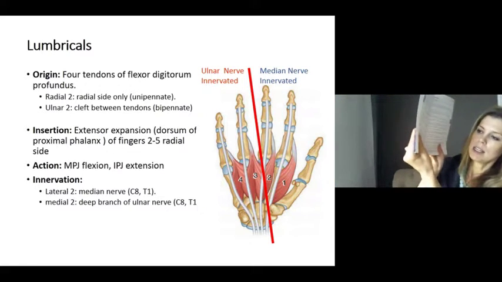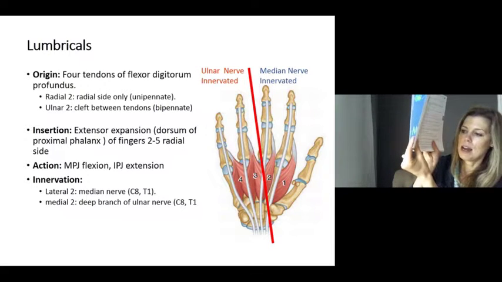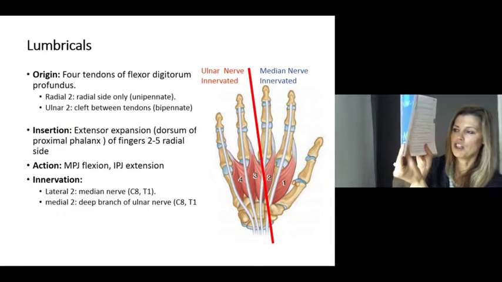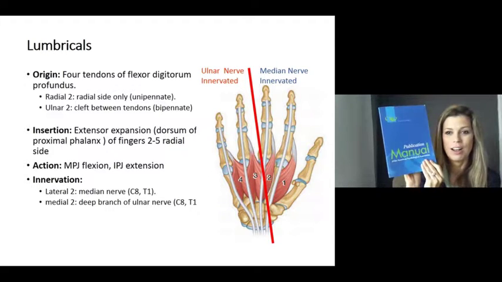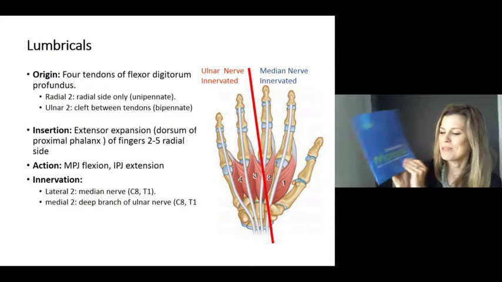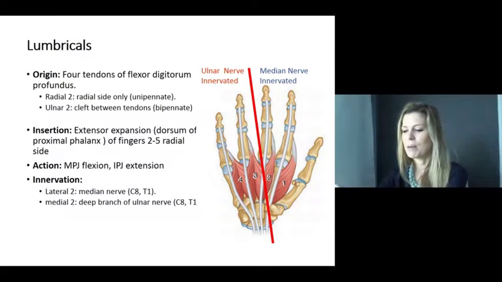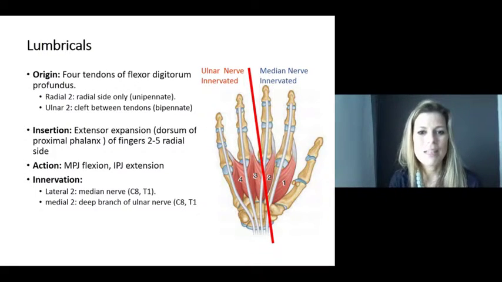Here you can see that the MCP joints are flexed and the IP joints are in extension. And I'm reading a very important book here, which you should all probably have at this point, your APA manual, which you'll be using throughout the class. So this is very appropriate for this presentation. You won't use it in this class probably, but in some of your other research classes.